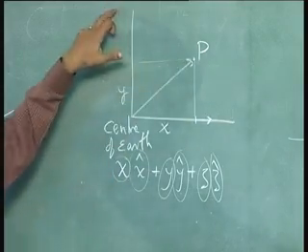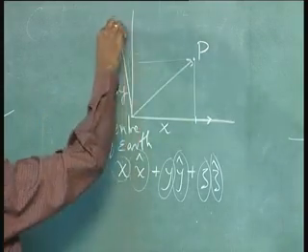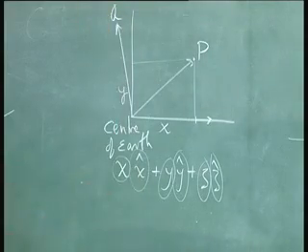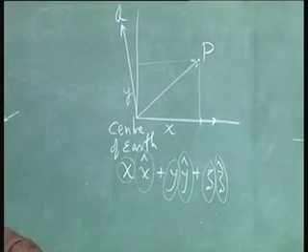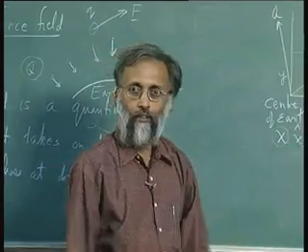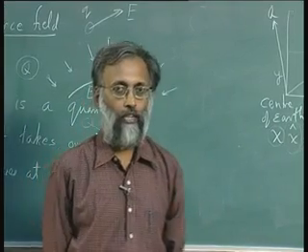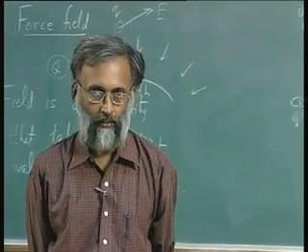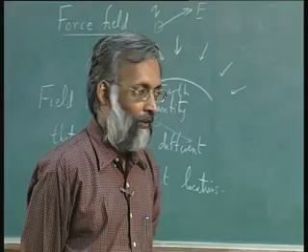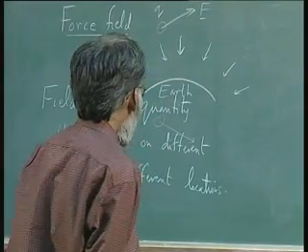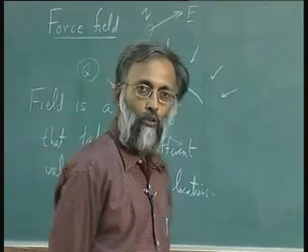If you go to another point, that point has a different value for x, y and z, and because it has a different value for x, y and z, it is a different vector. So, this too is a vector field.